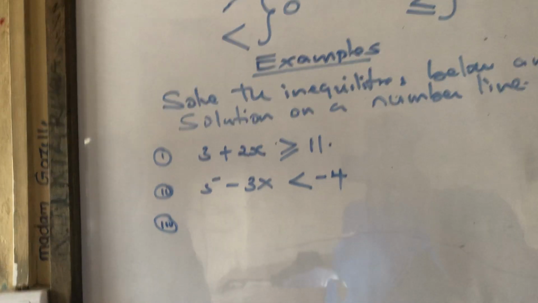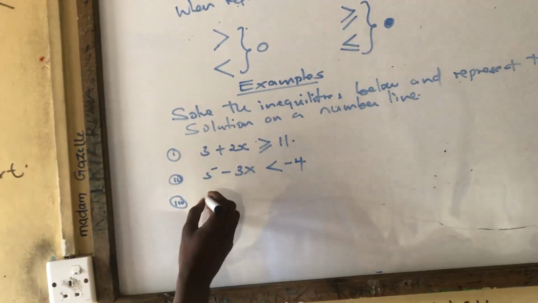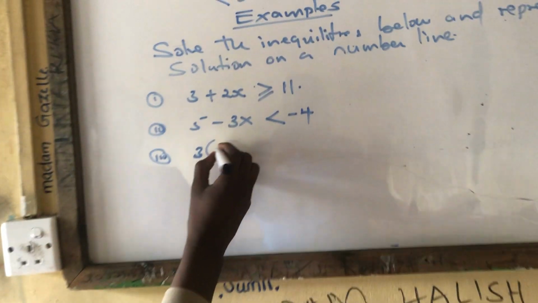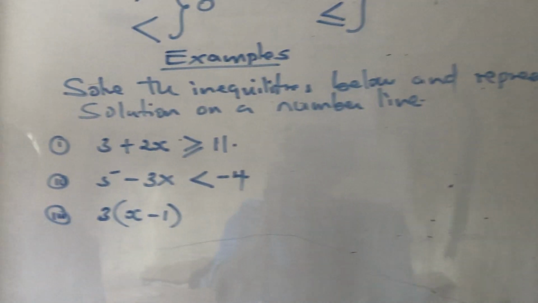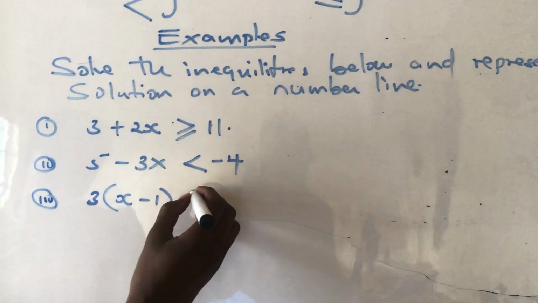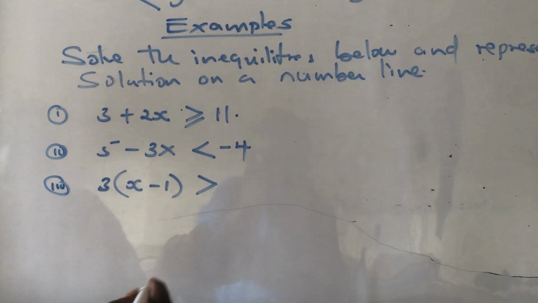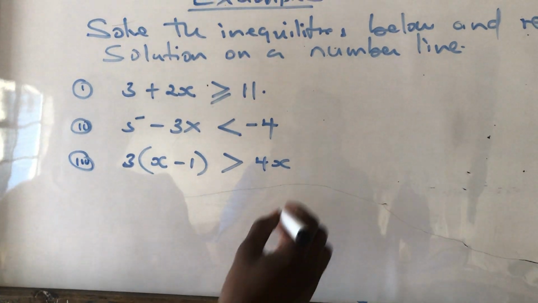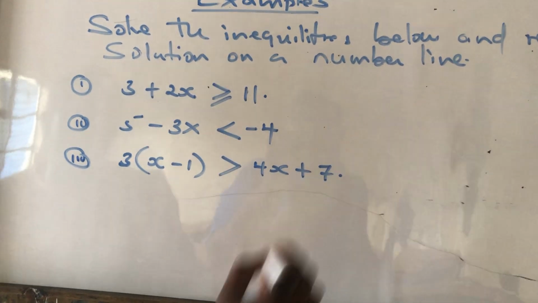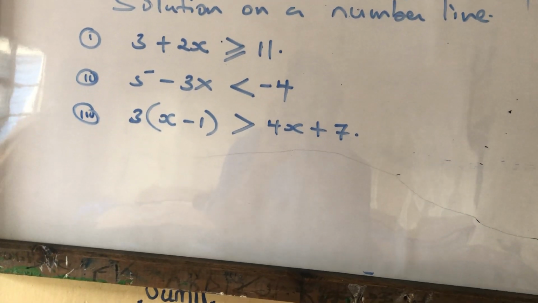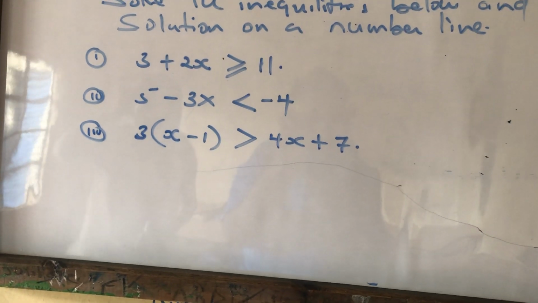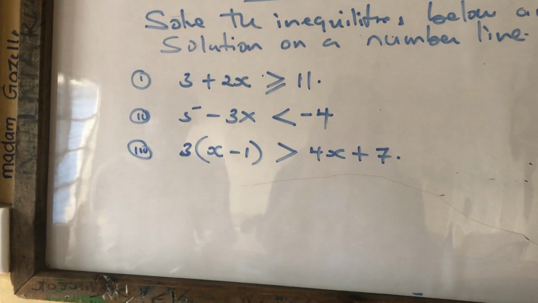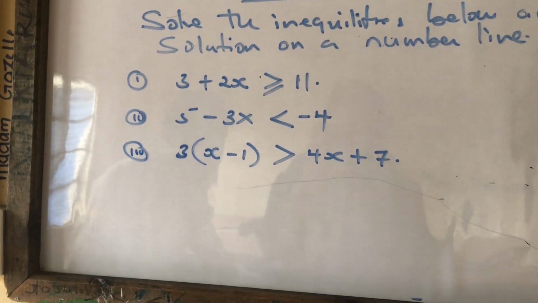And last but not least, 3 into bracket x minus 1 is greater than 4x plus 7. We are required to solve those inequalities and represent the solution on a number line.